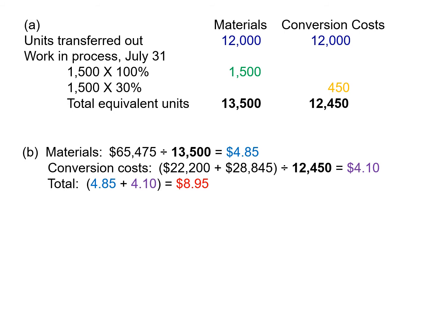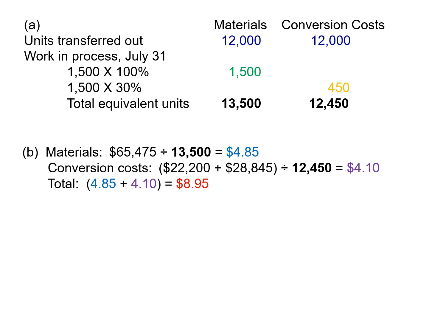If we do a similar exercise for our conversion cost, again, our total conversion cost is $51,045. And if we divide by our equivalent units for our conversion cost of 12,450, we will arrive at a unit cost of $4.10 for conversion.